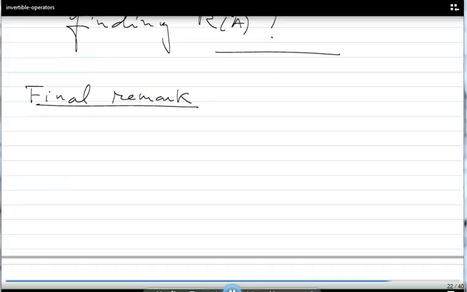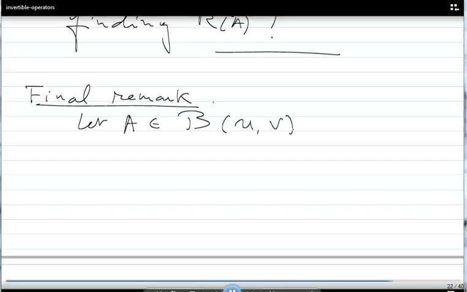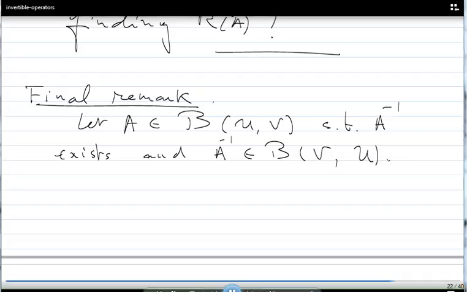Let A be in B(U,V) such that A inverse exists, and A inverse is bounded.